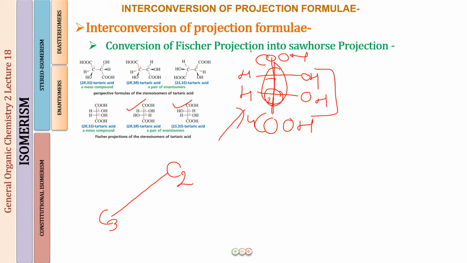And in the eclipsed Sawhorse projection, first of all, we have the COOH group, so we will be putting it on the top. And C2 has on the vertical line another COOH group. So this we will be putting again on the top so that the group in front hides the group behind it. So this is how we will be drawing the eclipsed Sawhorse projection.